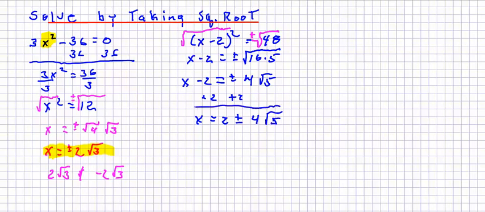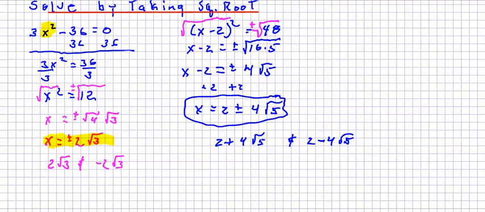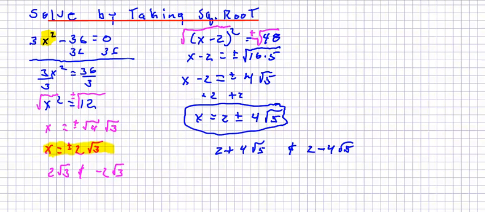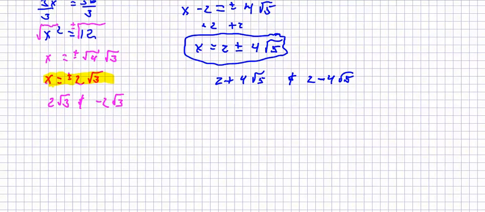This is my final answer, or I could write it 2 plus 4 square root of 5 and 2 minus 4 square root of 5. I prefer the first one. It's less writing. All right, this is taking the square root of both sides, which is what we did in the last unit, so it should seem very familiar to you.